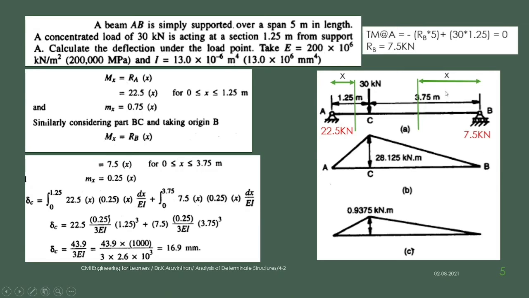So this is the concept here, and you can take this as x1 and this as x2. This is for identification and simple understanding.